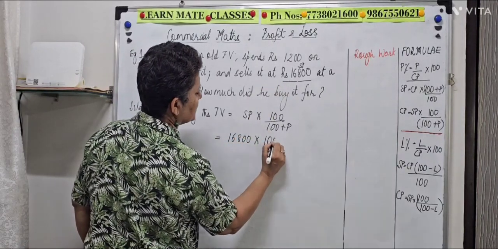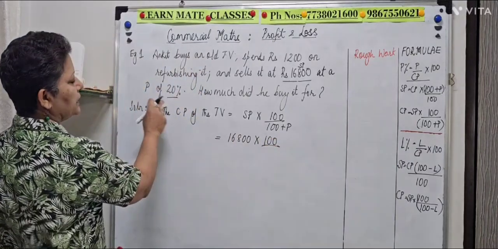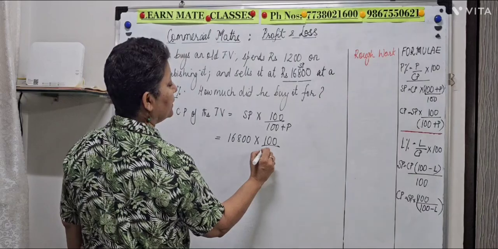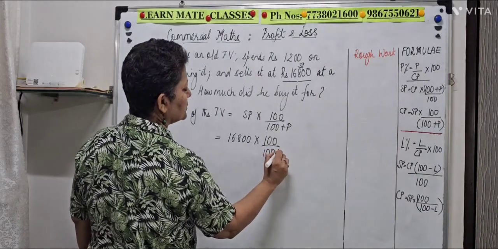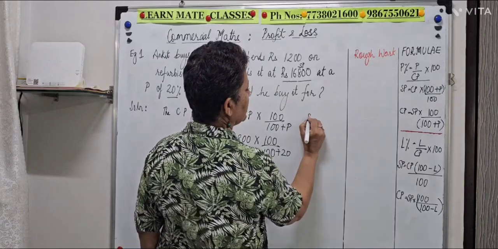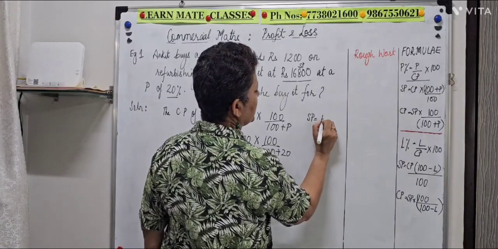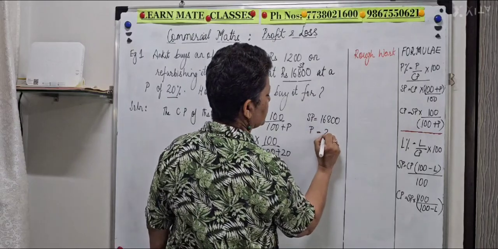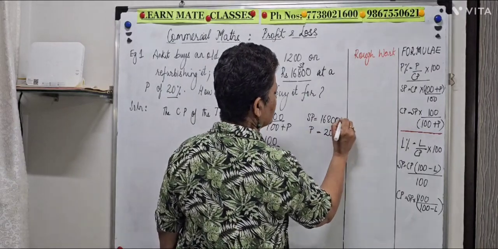This is 100. What is my profit given to me? Profit is nothing but 20%. So this becomes 100 plus 20. Remember, the information given to you is that the selling price was 16,800 and the profit was 20%, right?